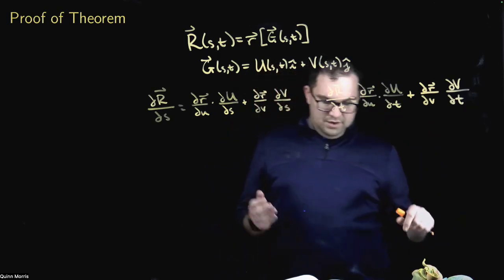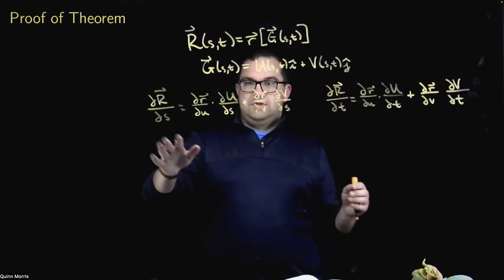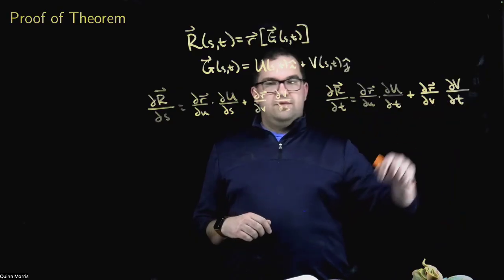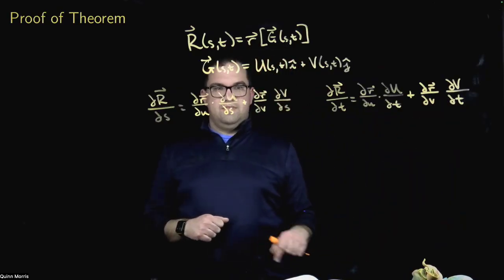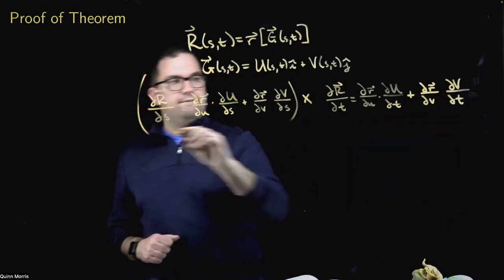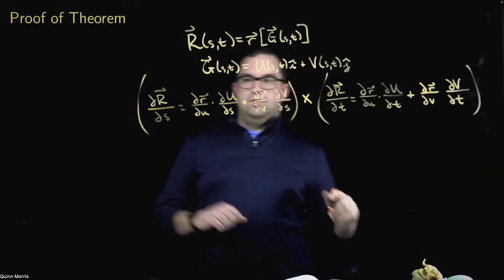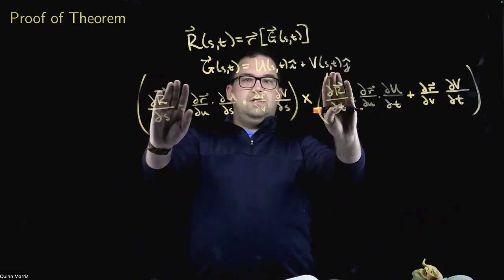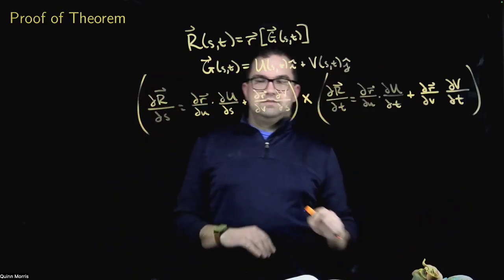And then you take cross products. So you take the cross product of this with this. I'm going to abuse notation a little bit. These are equations, but just imagine I was taking the cross product of these things.